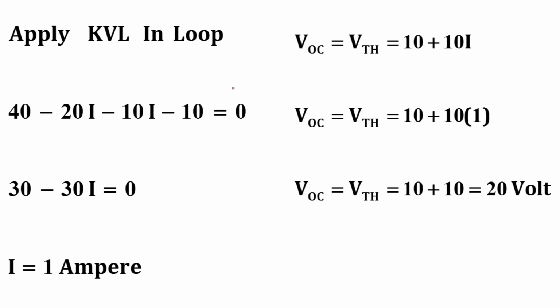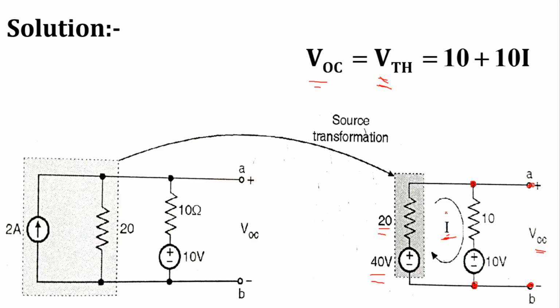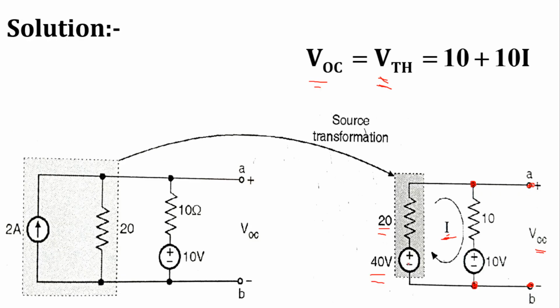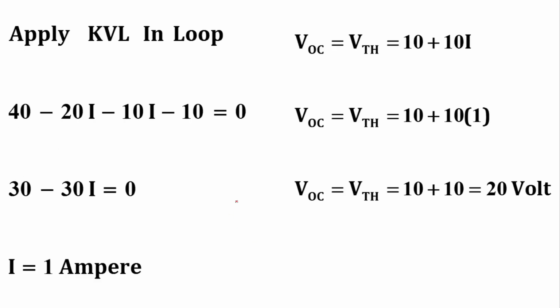Applying KVL for this particular loop, I can write 40 minus 20 into I minus 10 into I minus 10. 40 is plus because current flows from plus to minus to plus, so there is a drop across this 20, so minus 20I, minus 10I, and in the 10 volt source current flows from plus to minus, so minus 10.